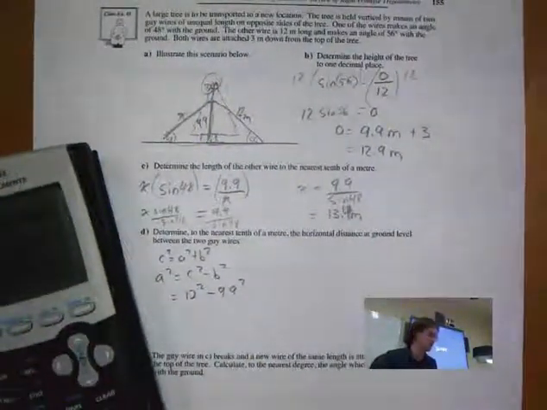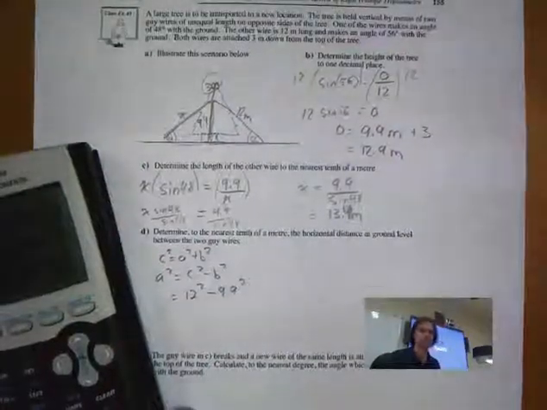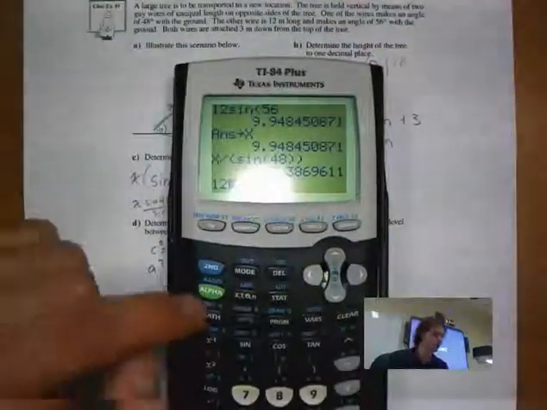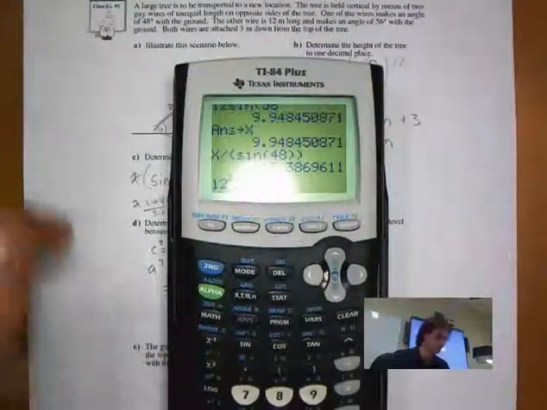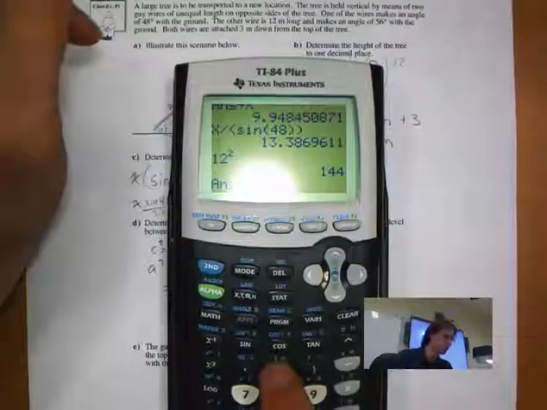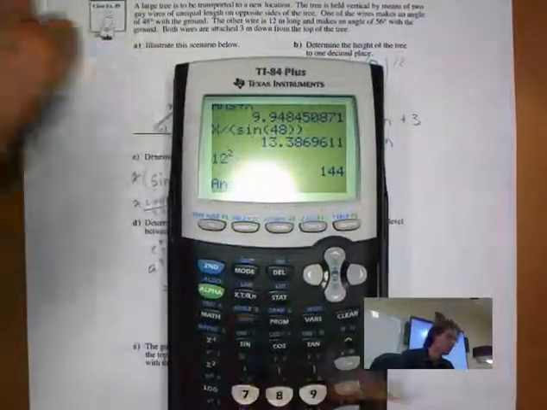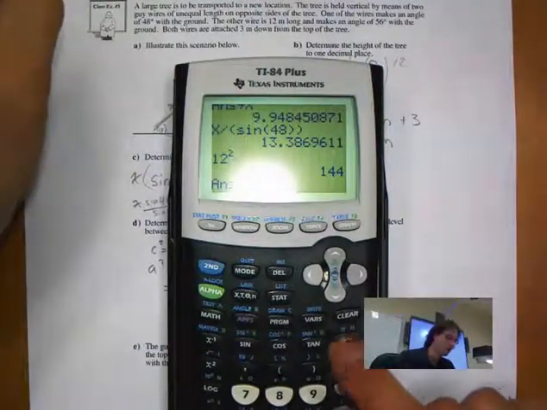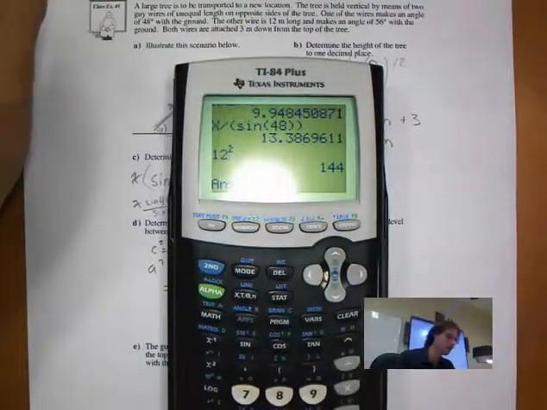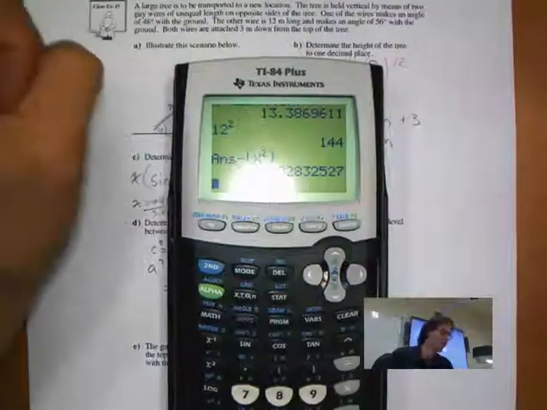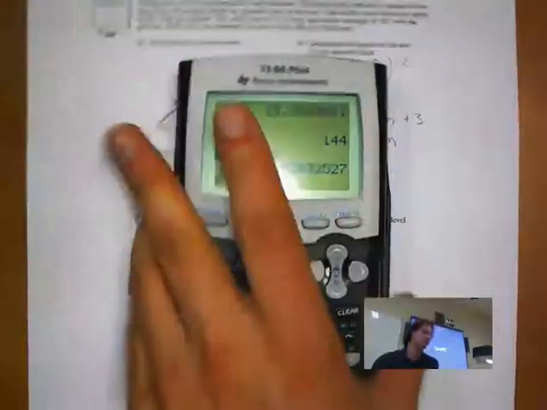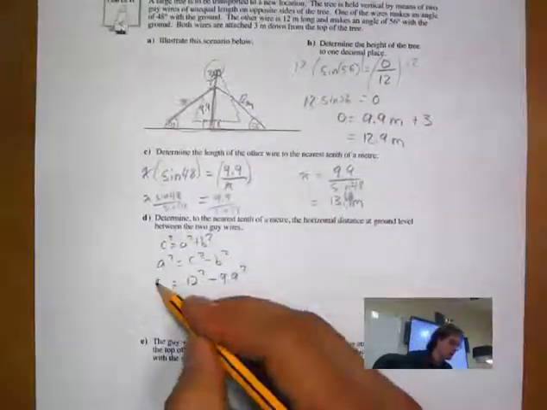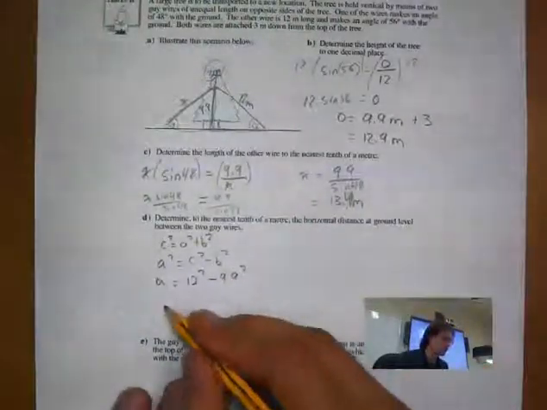We are going to get 12, put that in my calculator, 12 squared, enter. We're going to subtract, bracket, and my x is still that 9.9 if I remember right. 9.9 squared, put in brackets, enter. So I'm going to end up getting 45. Now, that is a squared is equal to 45.